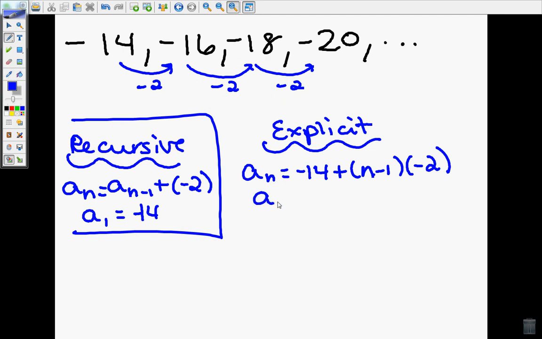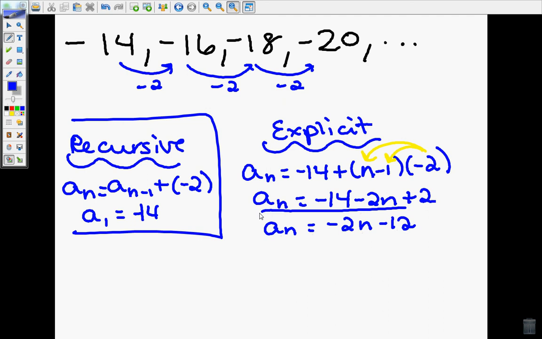We could say a sub n is equal to negative 14, and then I'm going to distribute the negative 2 here, so that's going to be minus 2n plus 2. So a sub n simplifies to negative 2n minus 12. This would be the simplified version of the explicit formula. So it looks like a linear equation.